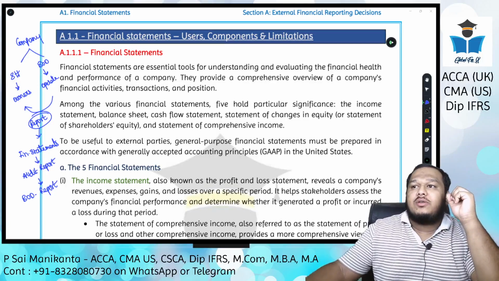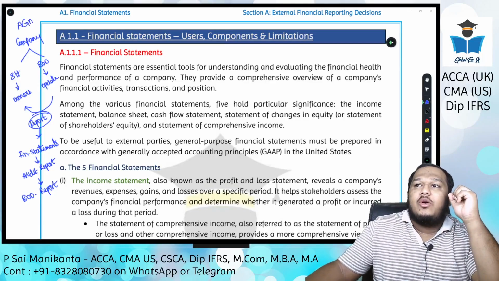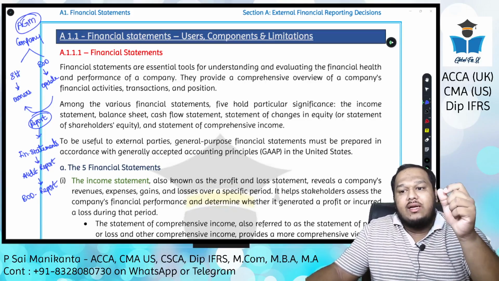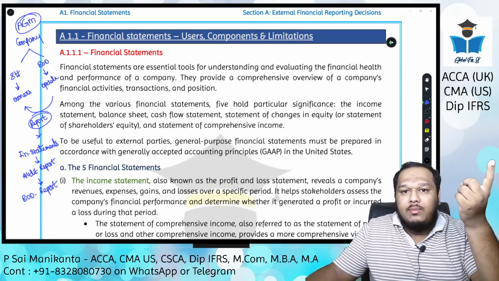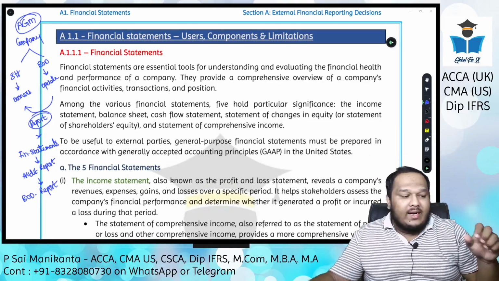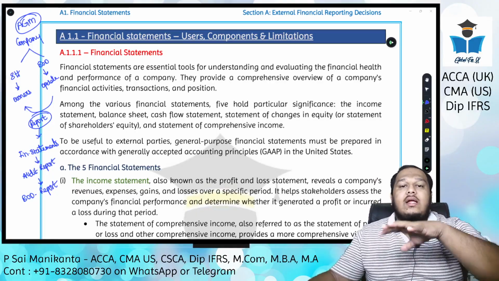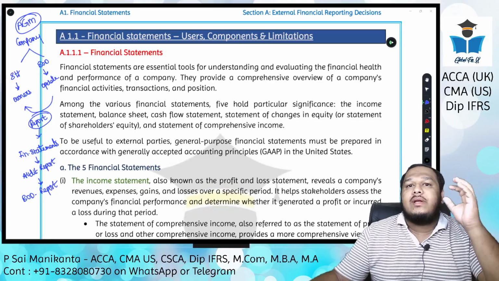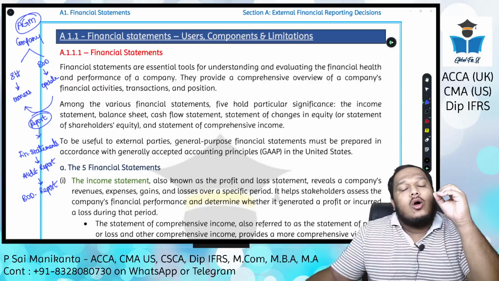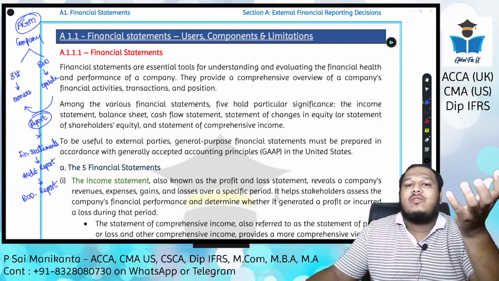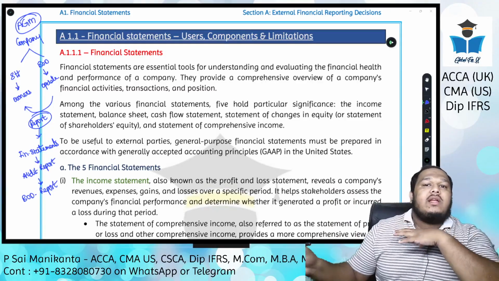What is AGM? AGM stands for annual general meeting. As the name suggests, it is a general meeting conducted on an annual basis, once yearly. All the shareholders will be invited, all of them would be sitting there, and the board of directors will start announcing one by one: this year the company has made a profit of so much, or this year the financial position of the company in terms of net worth has grown from 10 million to 12 million.